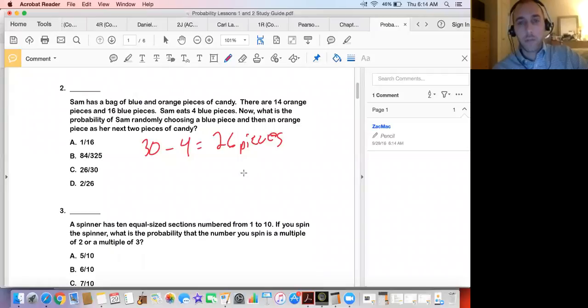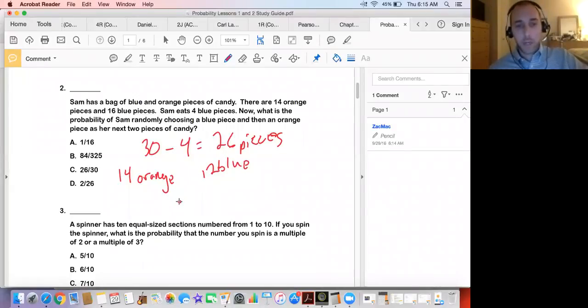There we go. And they were all blue. So before we had 14 orange, 16 blue. Now we have 14 orange and only 12 blue because she ate 4 of them. Now what's the probability of her choosing a blue piece and then an orange piece as her next 2 pieces? Well, we have 2 different selections going on.